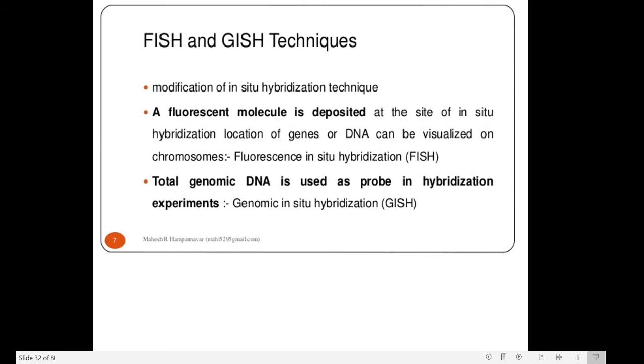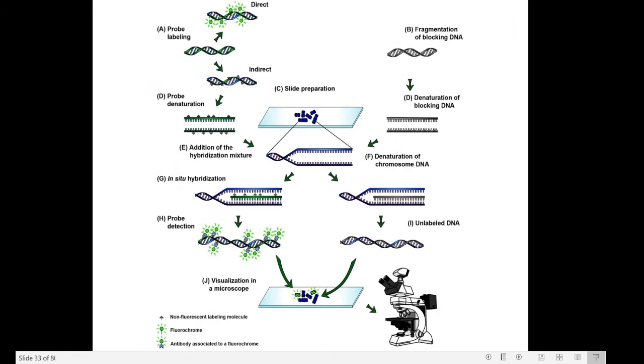In situ hybridization locates a gene or DNA, visualized on the chromosome by chromophores, which are fluorescence molecules. Due to the molecule we can detect the fluorescent molecule deposit in fluorescence in situ hybridization. Another thing, genome hybridization is used in genomic in situ hybridization. This is one best example.